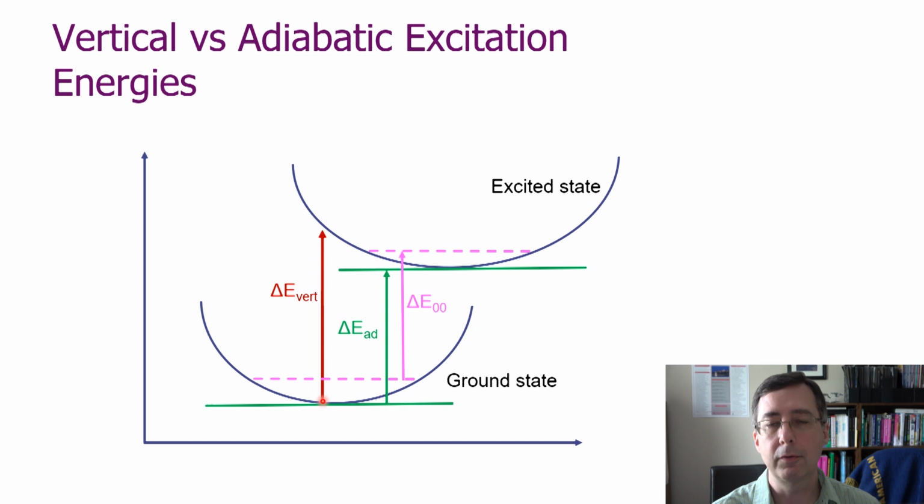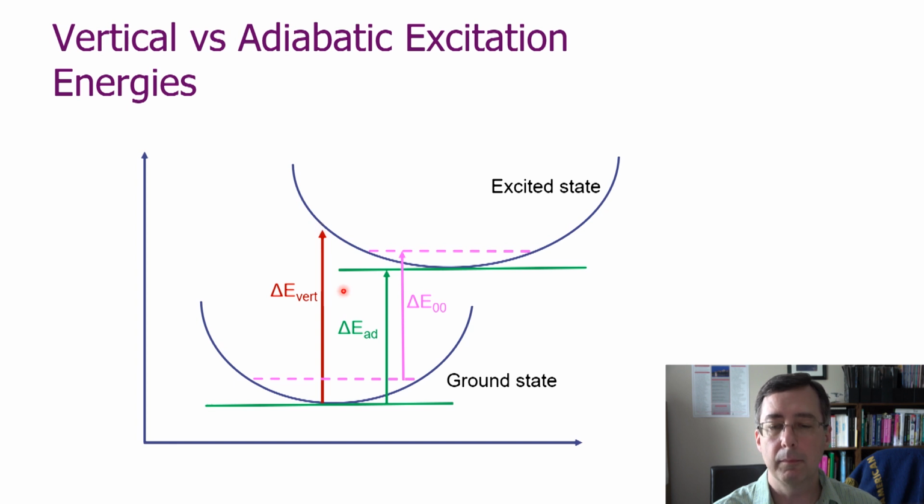So when a photon comes along, I'm going to absorb vertically from my ground state to this excited state, and this will give me some excited vibrational energy as well. Because I land here instead of at the bottom of the well, I wind up in some excited vibrational state in general, corresponding to this point on the excited state potential surface. And that's the vertical excitation energy.